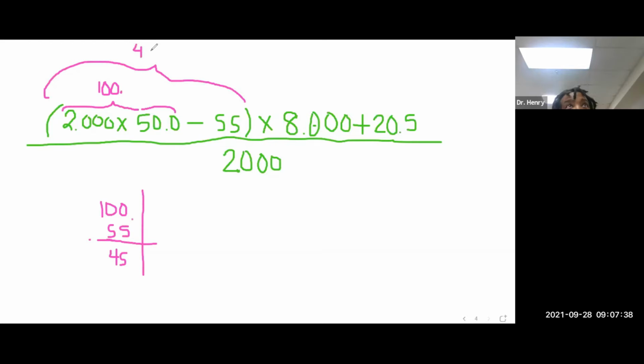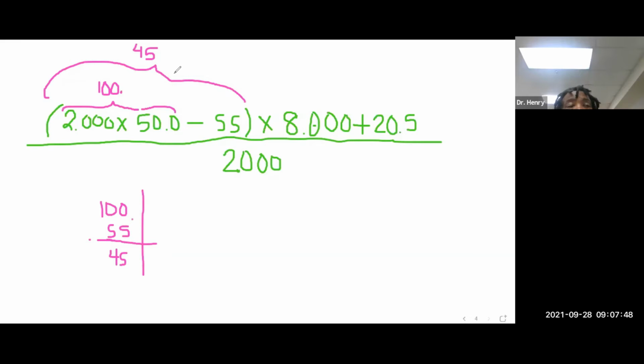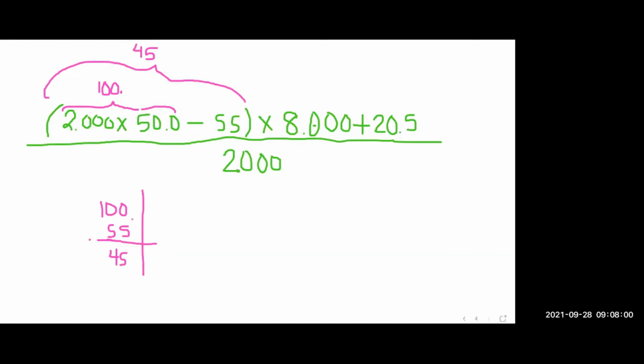So what do I do next? Multiply it by 8.00. Okay, we multiply it by 8.00. So my answer should have how many sig figs? Two. Okay.